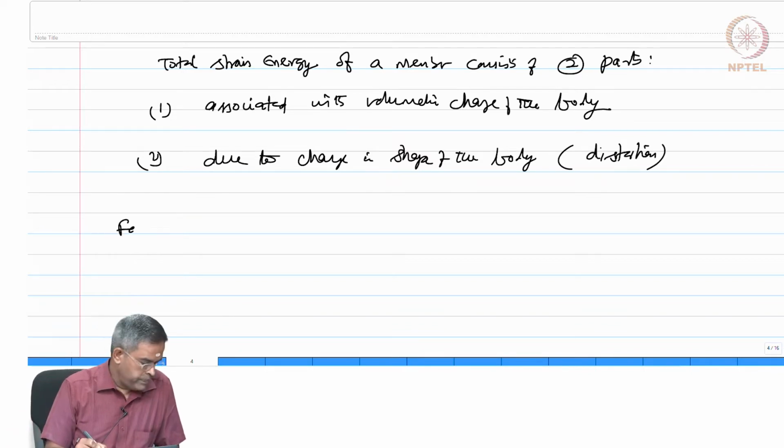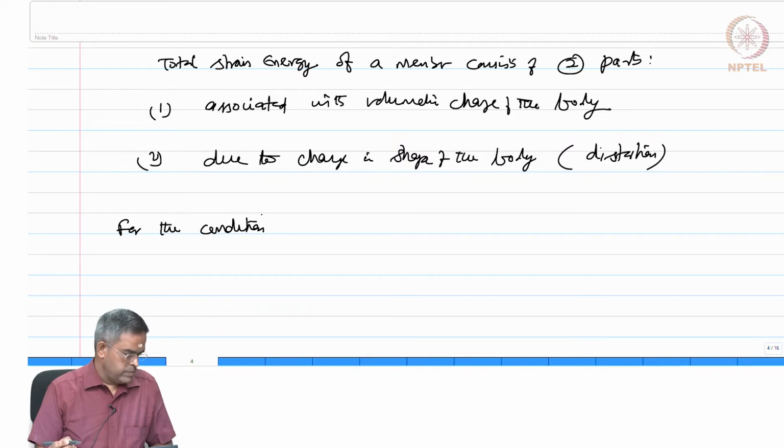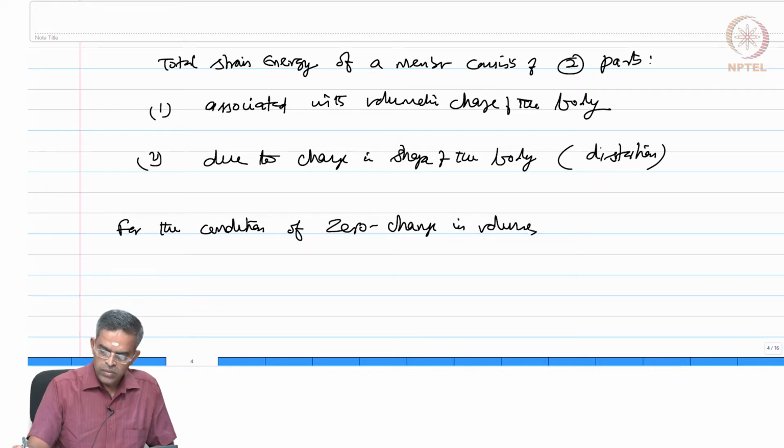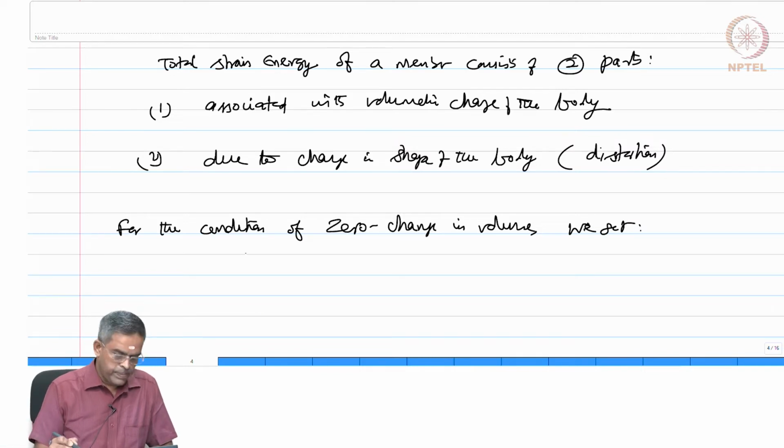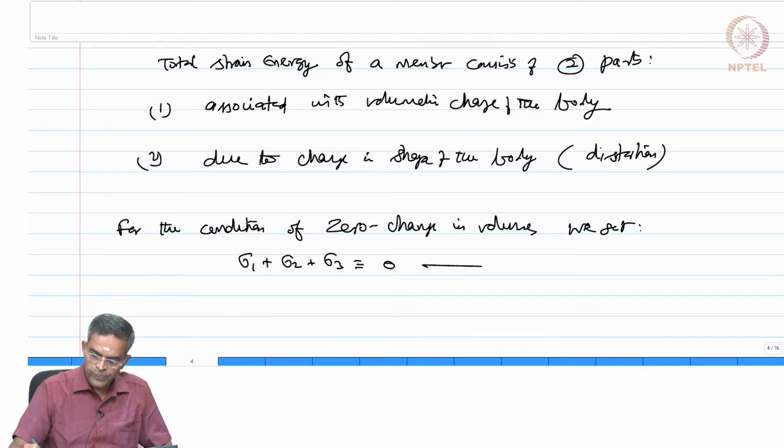Therefore, for the condition of 0 change in volume, we get sigma 1 plus sigma 2 plus sigma 3 as 0.